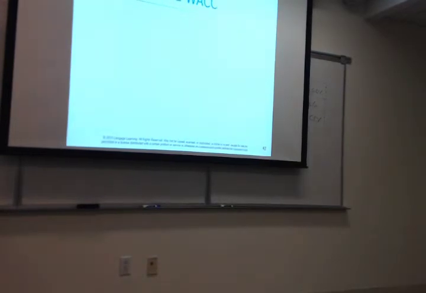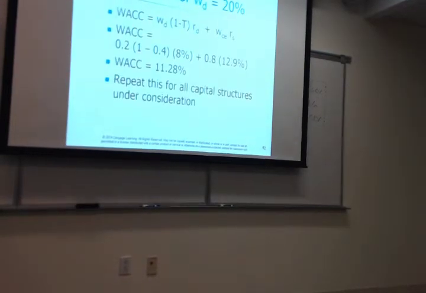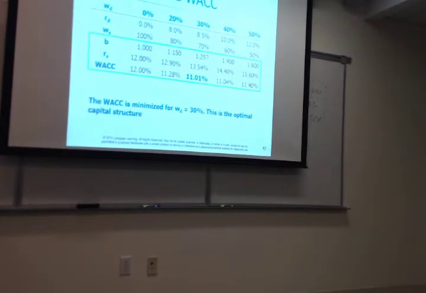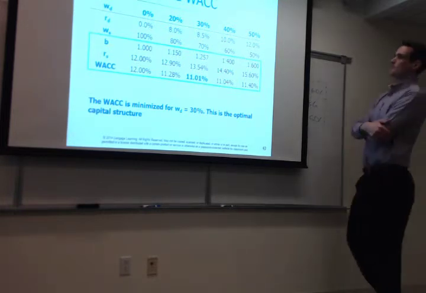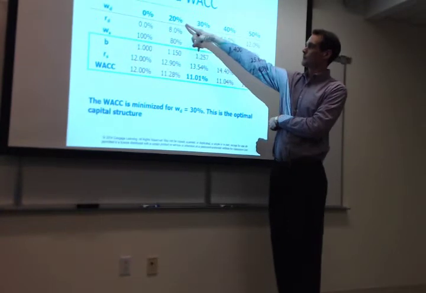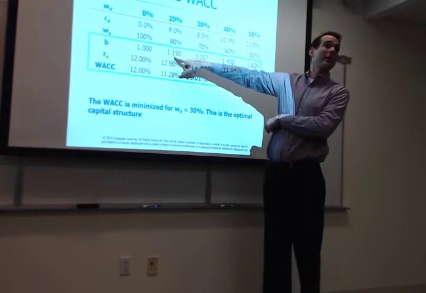What we would want to do is repeat this for all capital structures under consideration. We just did 20%, now let's do 40%, 60%, 80%. And if we do that, we come up with these numbers. For 20%, we went through and found a beta.